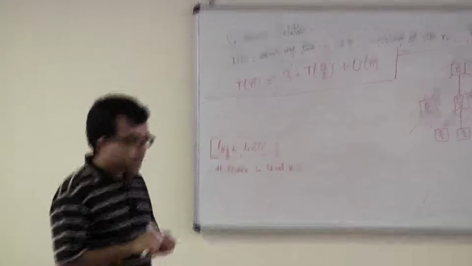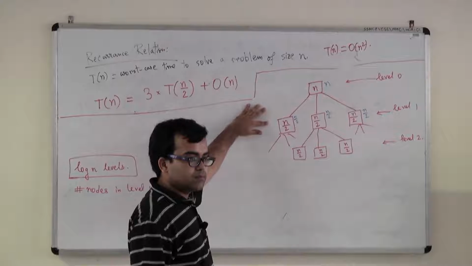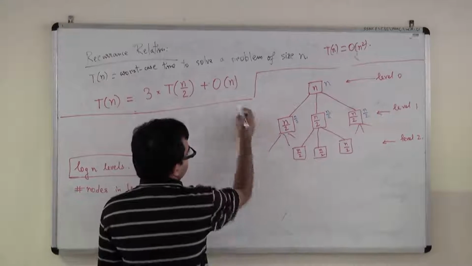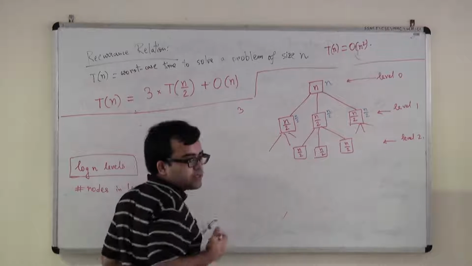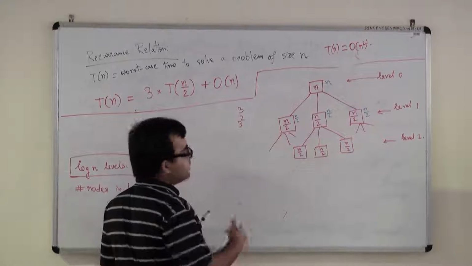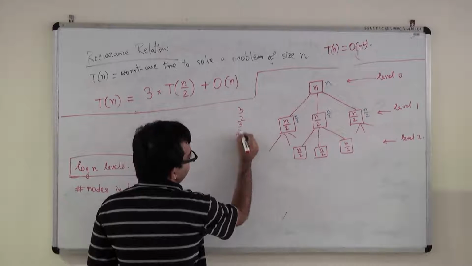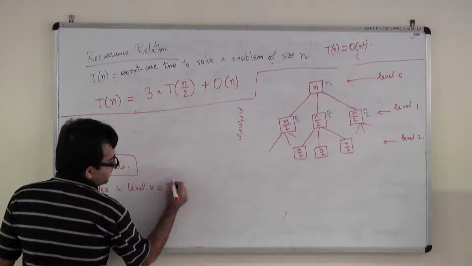Exactly. Because in level 1 you have 3 nodes. In level 2, each of these 3 nodes will have 3 children, so it becomes 3 square. In level 3, each of these 3 square nodes will have 3 more children, so it becomes 3 cube. So the number of nodes in level K is going to be 3 to the power K.